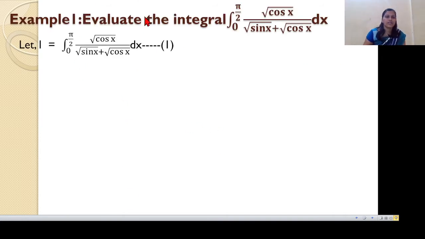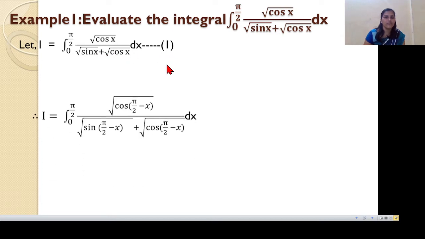Next we are going to see examples. Example first is: evaluate the integral 0 to pi by 2 root cos x divided by root sin x plus root cos x dx. Let us consider this integral as I. So let I be equal to this given integral, and we call this equation number 1.